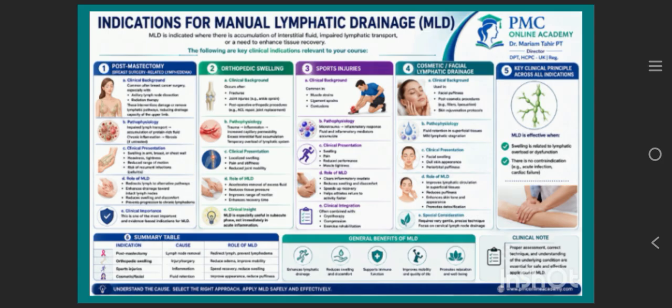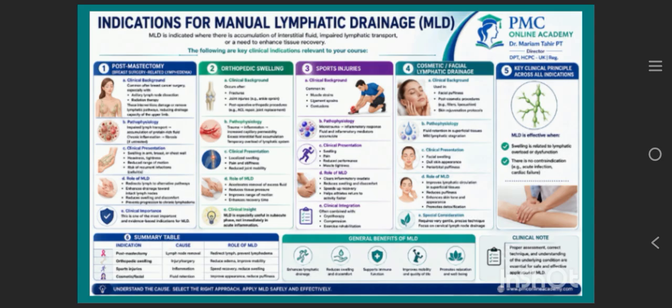Okay, so what is the clinical integration? Often combined with, firstly, cryotherapy, secondly, compression, and third, exercise rehabilitation. Okay, so next indication is cosmetic or facial lymphatic drainage.